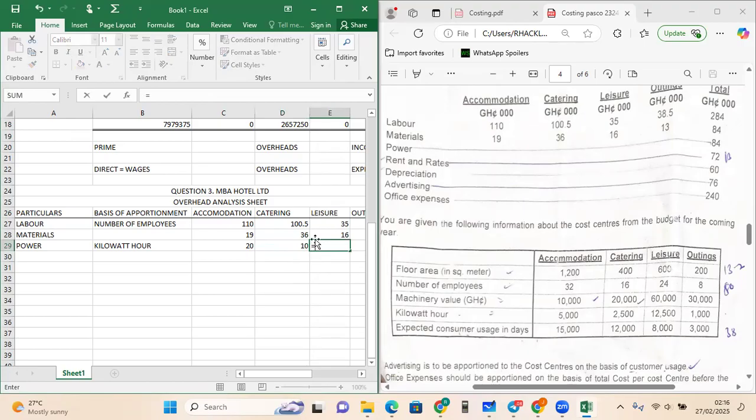Equal to bracket 500 times divided by 2100 bracket 2 times 84 bracket.